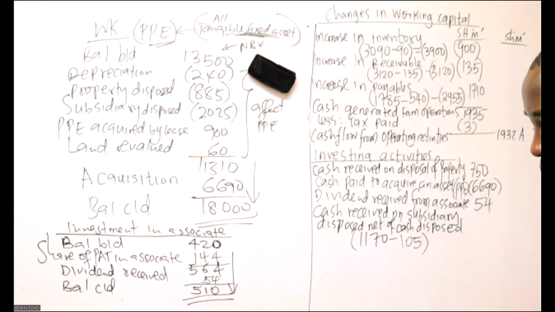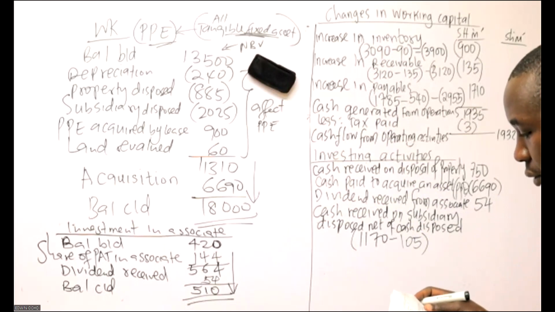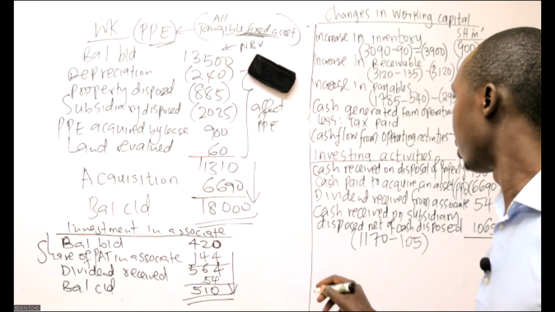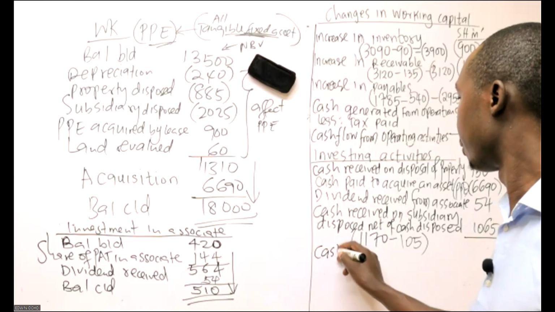So we net that money which went out based on the disposal. So 1170 minus 105, this is 1065.